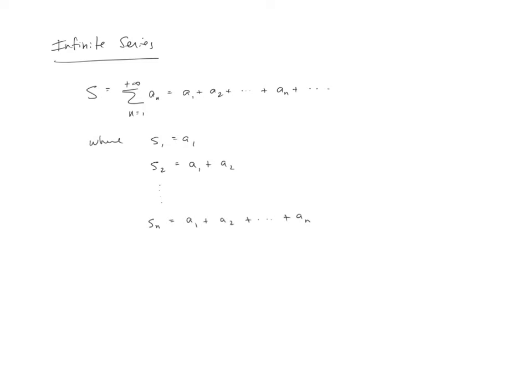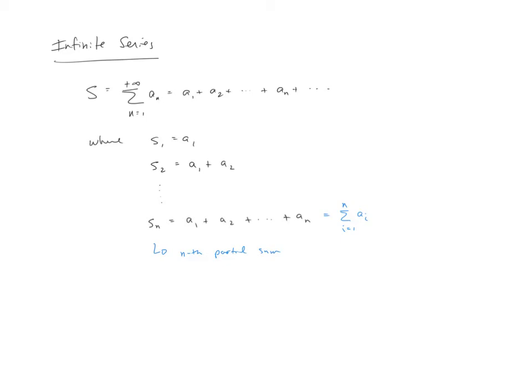In particular, this one right here is called the nth partial sum. We'll take that nth partial sum now, and we're going to rewrite it in its sigma form. So that's going to be the sum from i equals 1 to n of a sub i. Now, we've got our nth partial sum.